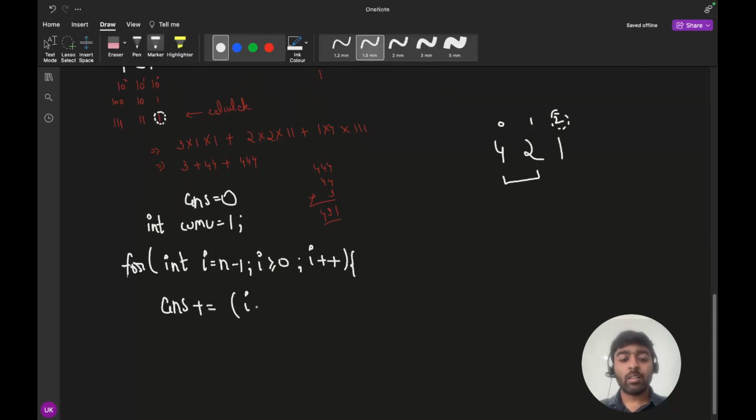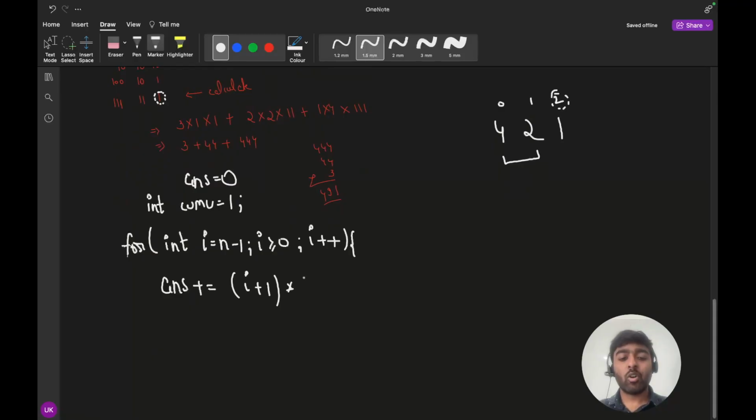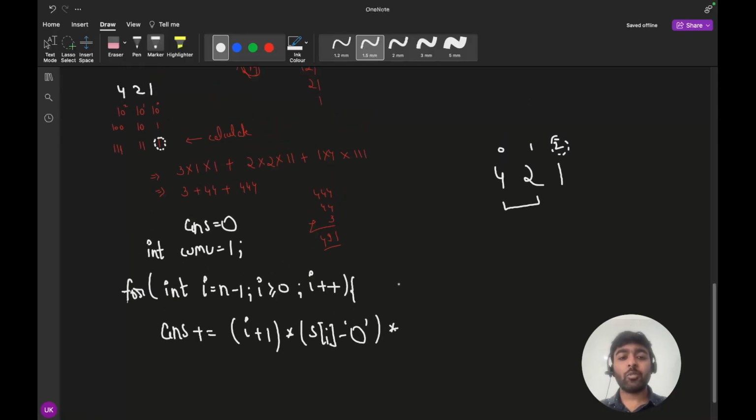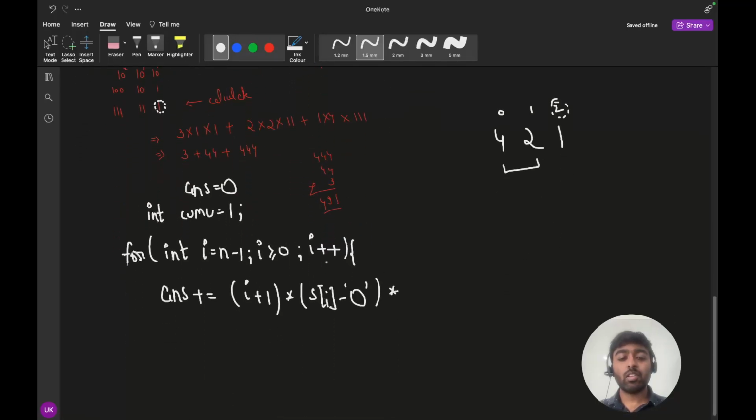So i plus 1 into the value. How can we find the current value? s of i minus '0', into the value of cumulative. So this will be the contribution of this place value.